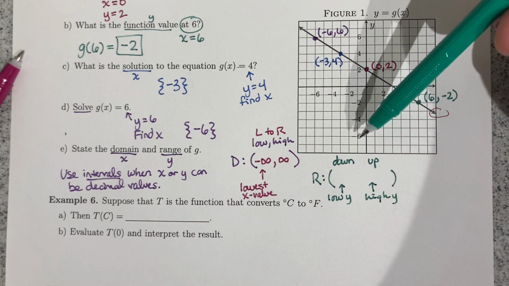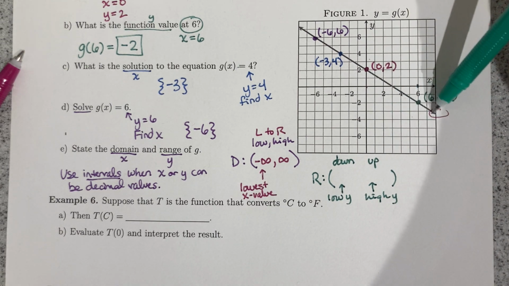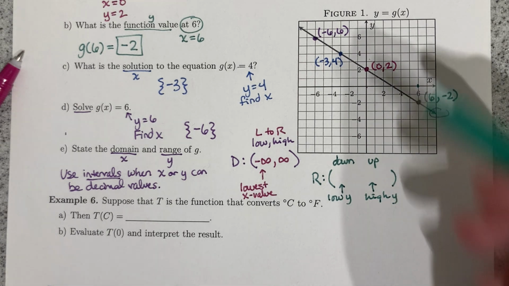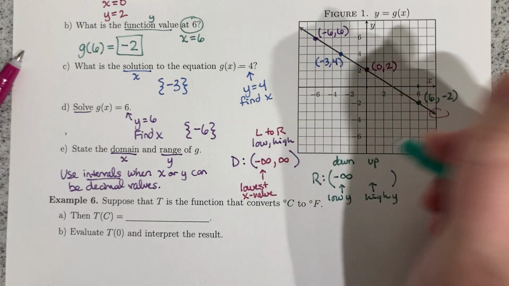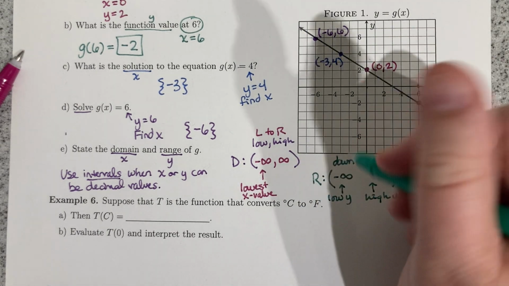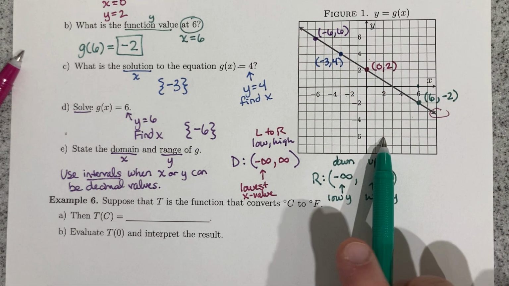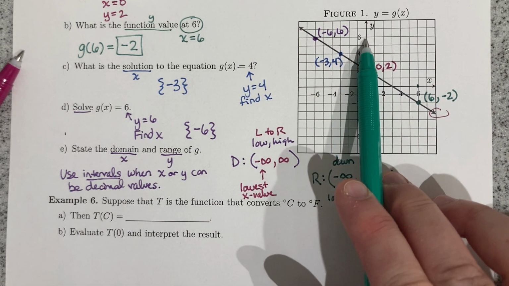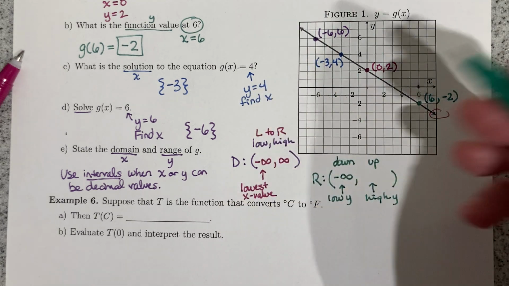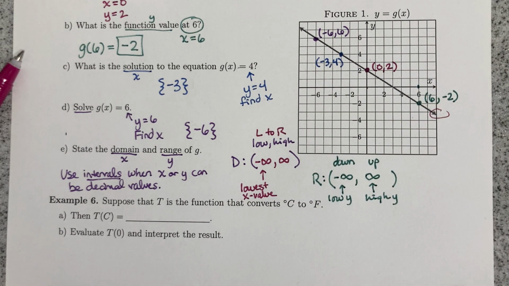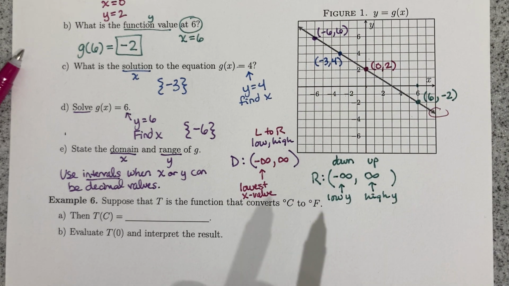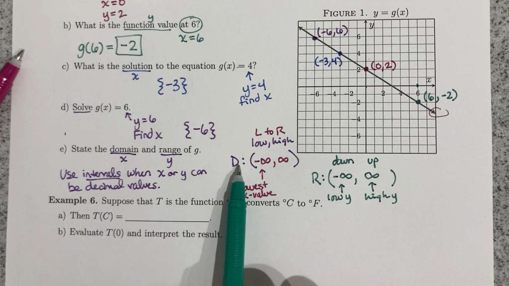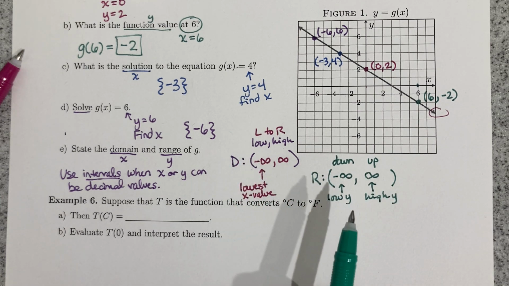If we go all the way down, this arrow says that this line keeps going, going, going. So we can go down to negative infinity for y. Let's go up and find the highest y value. This arrow says the highest y value is positive infinity. So if we can hit any x or any y, then our domain and range would be negative infinity to positive infinity.